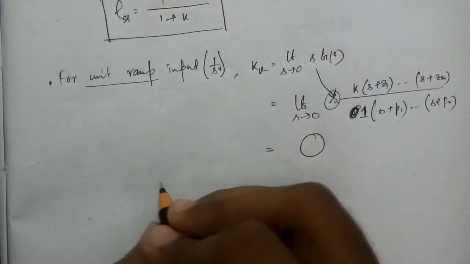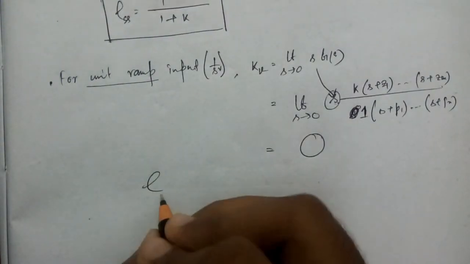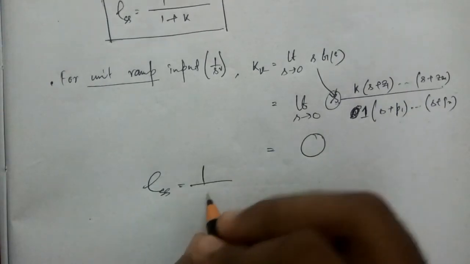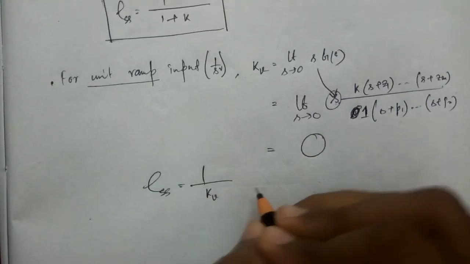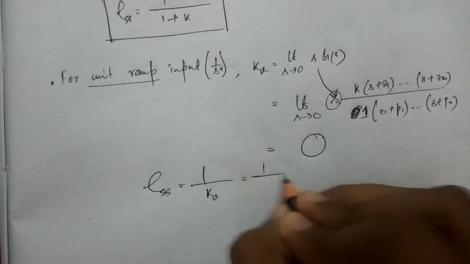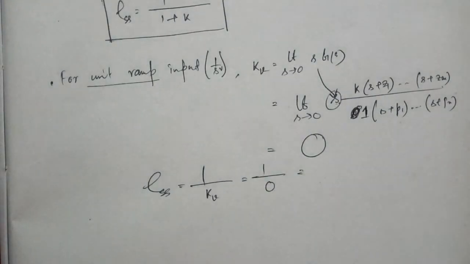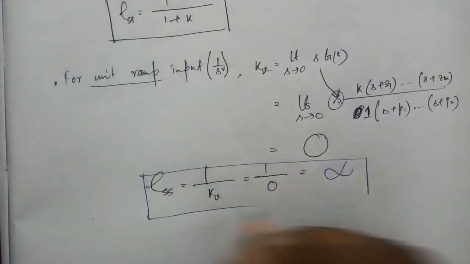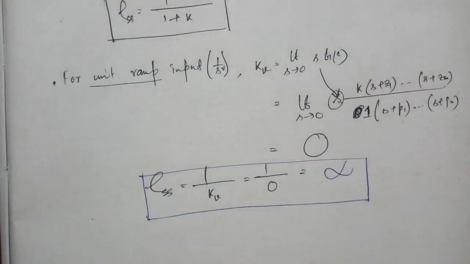So in this case, for unit ramp input, the steady state error expression will be 1 by Kv, as we have done previously. So it is 1 by 0, so it is infinite. This is infinite, obviously.